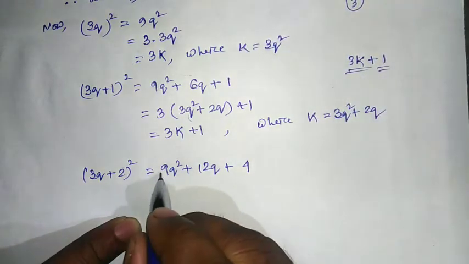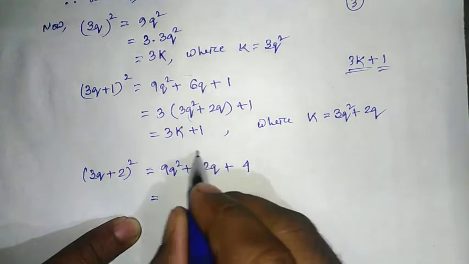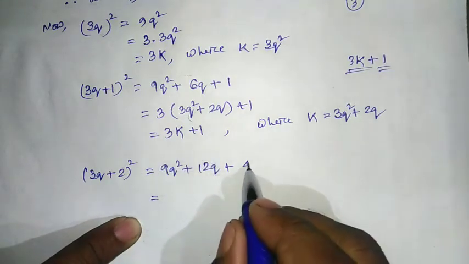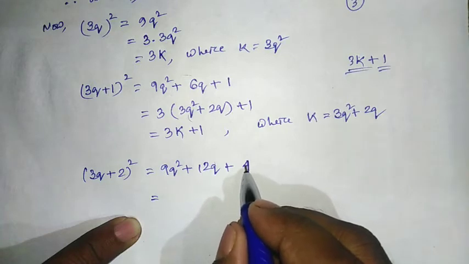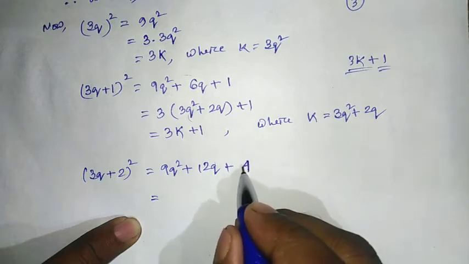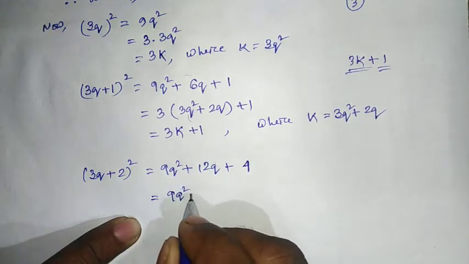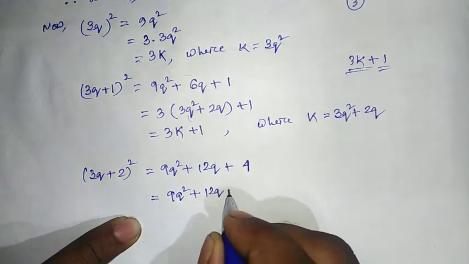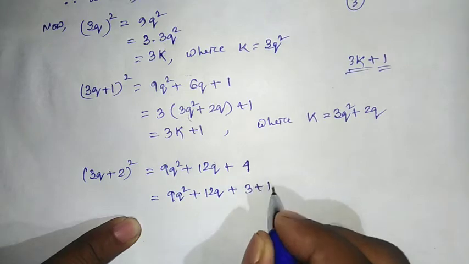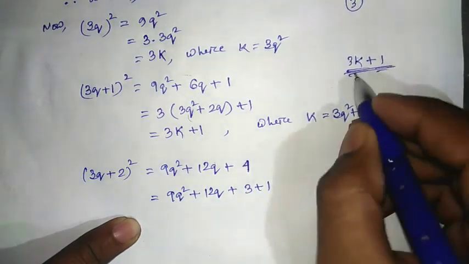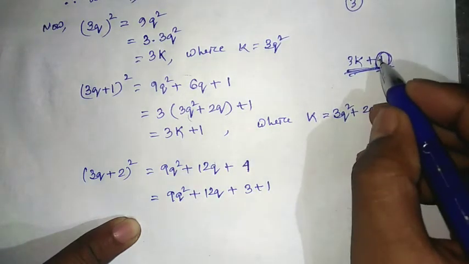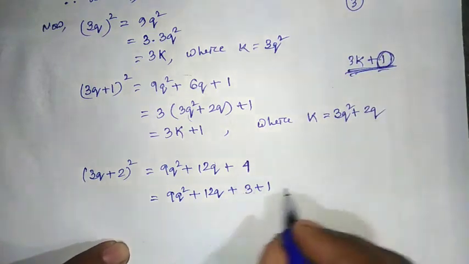So if we take 3 common from these terms only, then after plus we get 4. So we have to break 4 in such a way that we can take a 3 common. So this can be written as 9q square plus 12q plus 3 plus 1, since we need 3k plus 1. So 1 is written separately.